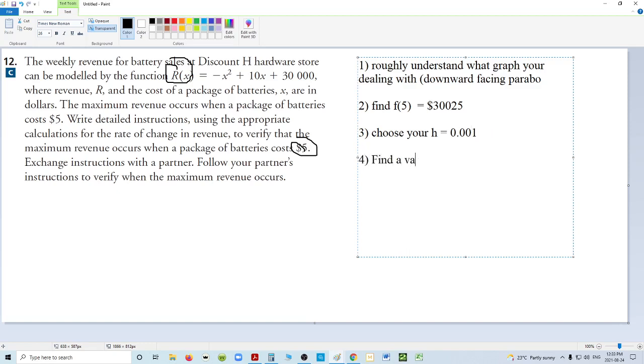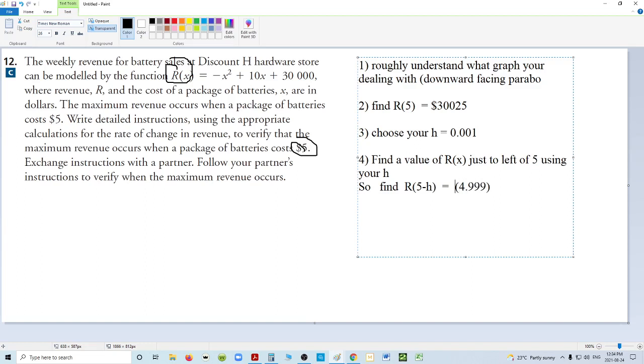Step 4, find a value of r of x just to the left of 5 using your h. So we would find r of 5 minus h, which is the same as r of 4.999.